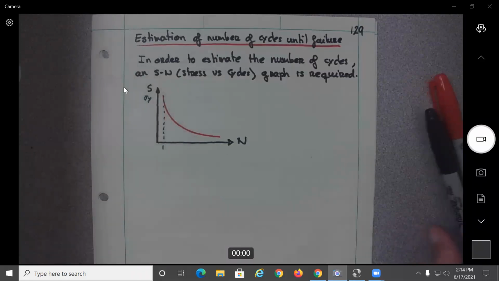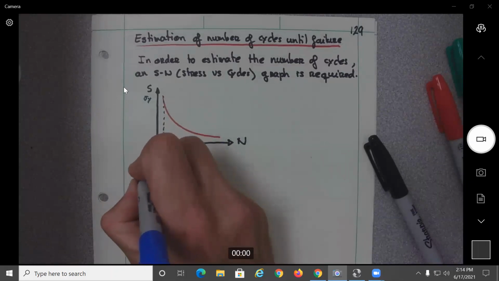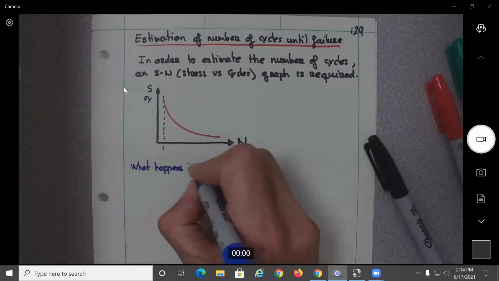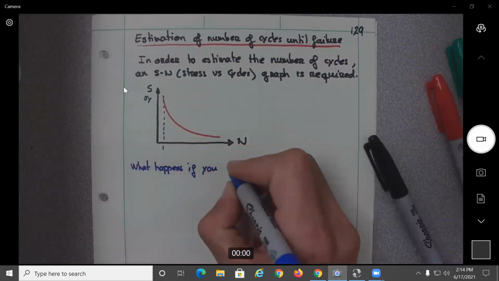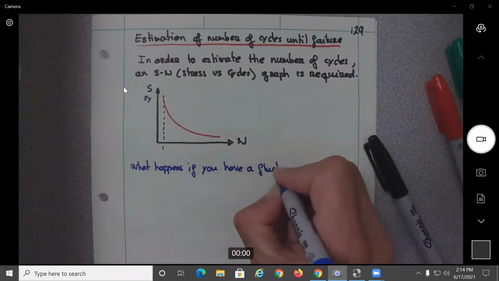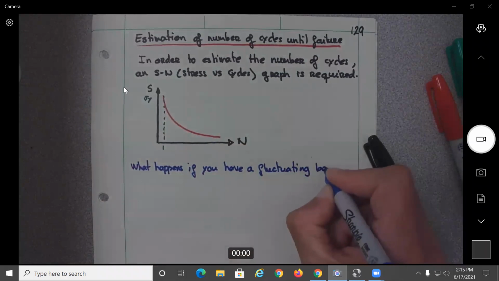So I'm just going to add what happens if you have a fluctuating load.